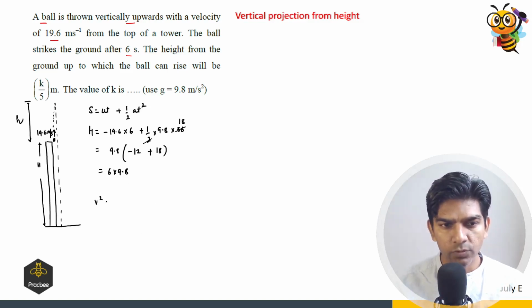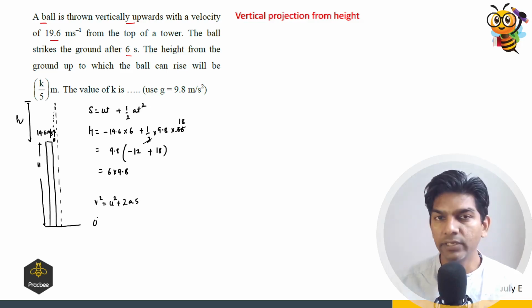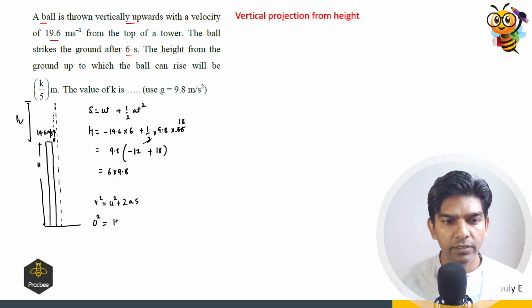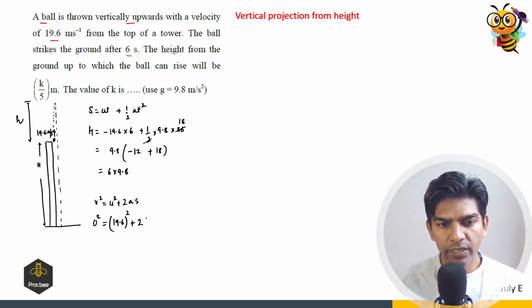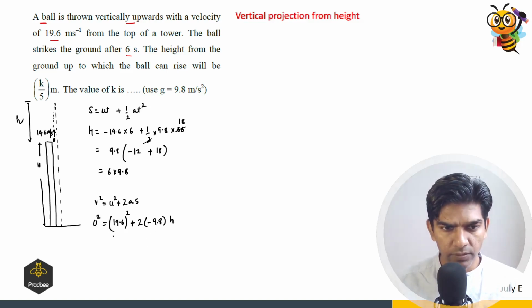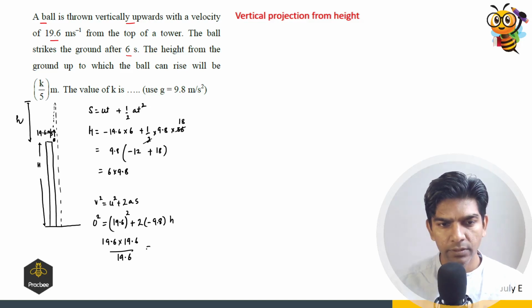So we can apply v square equals u square plus 2as, where v is 0 at the highest position, u is 19.6, and I have taken upward as positive in this case, so downward will be negative. So 2 times minus 9.8 times h, and this comes out to be 19.6 times 19.6 divided by 19.6. So h comes out to be 19.6, or you can say it will be 2g.